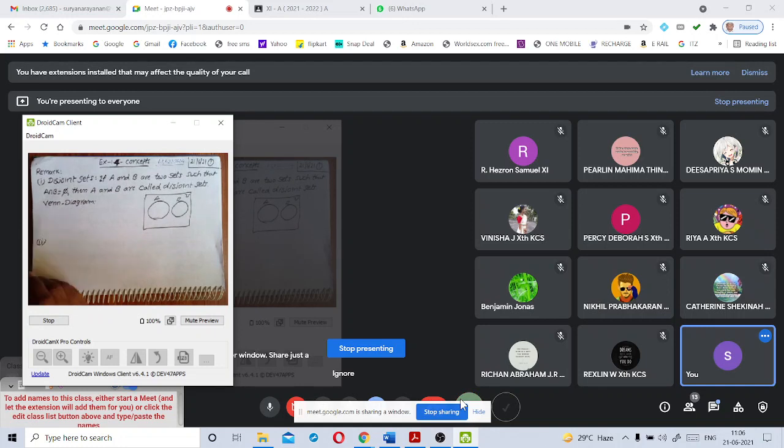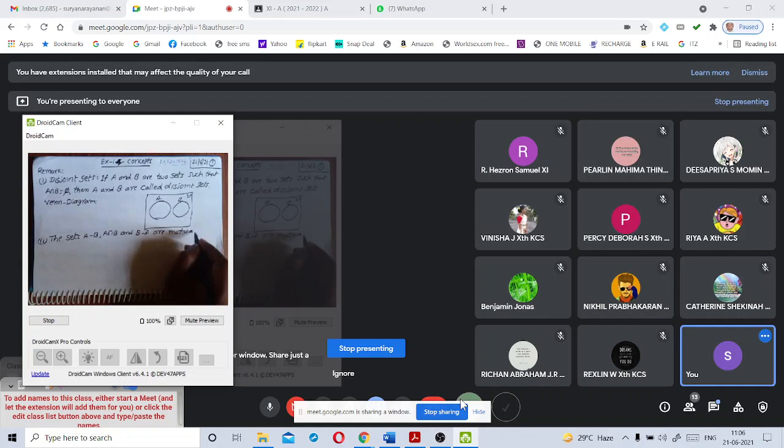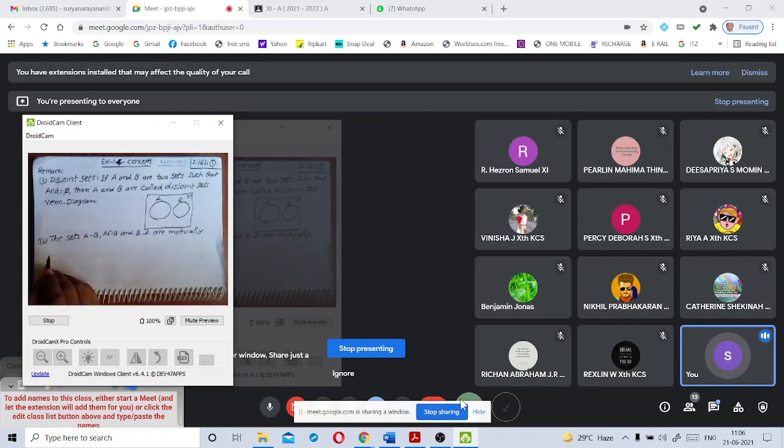Now come to the next point. The sets A minus B, A intersection B, and B minus A are mutually disjoint sets.